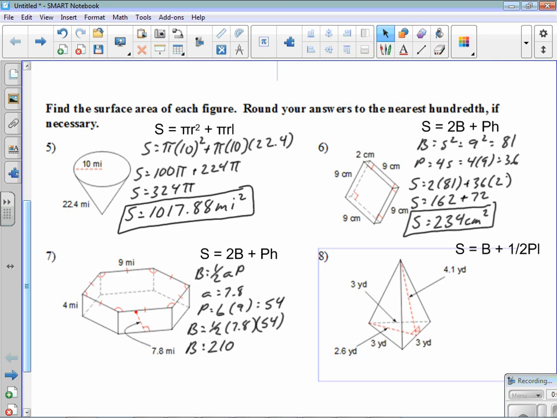To give us 210.6. That's just area of the base. So we have to use that along with the perimeter and the height to find the surface area. So 2 times area of the base, or 2 times 210.6, plus the perimeter, which we already figured out is 54, times the height, which the distance between the hexagons is 4 miles.